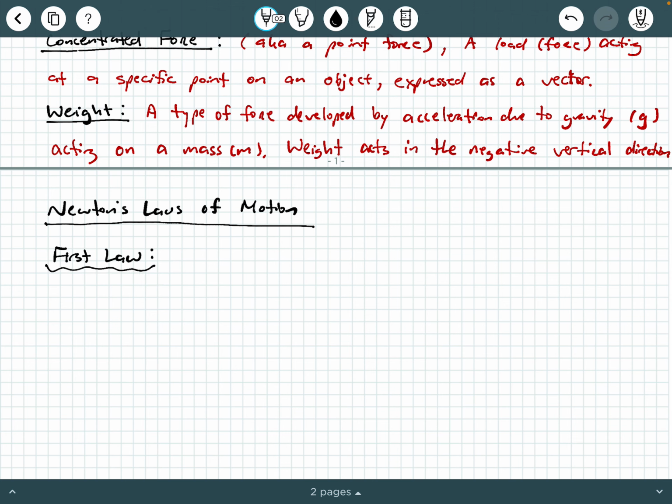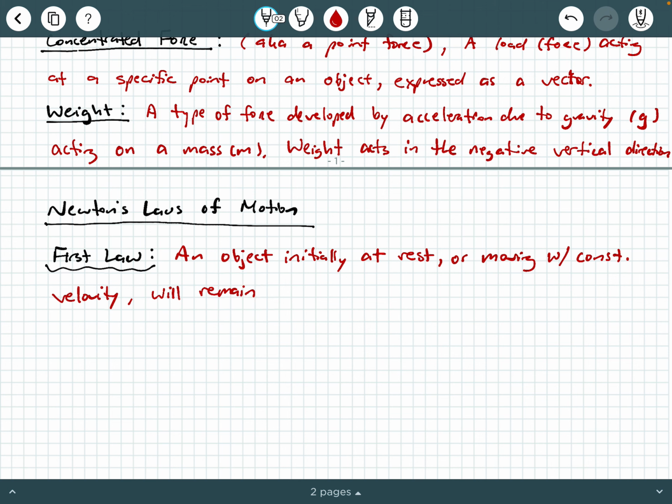Newton's first law says that an object initially at rest or moving with constant velocity will remain in this state so long as no unbalanced force is applied.